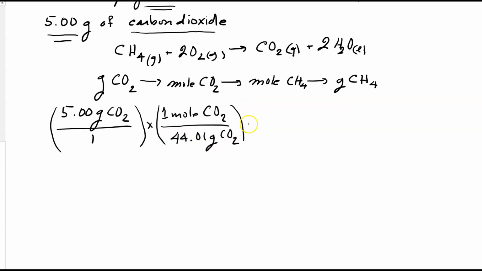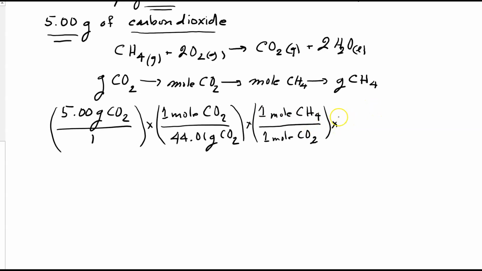And we need to convert that to moles of methane, which is dependent upon the balanced equation. So we have 1 mole of methane for every 1 mole of carbon dioxide from the balanced equation. And now we need to convert that into grams of methane.